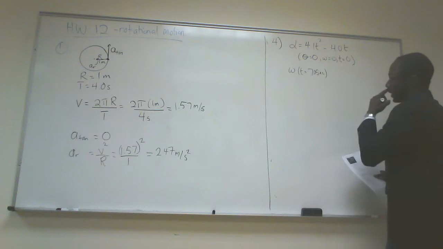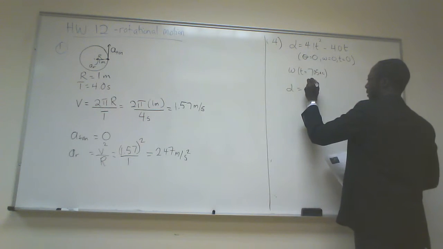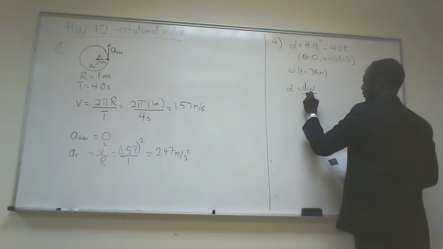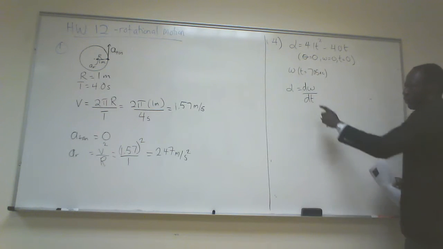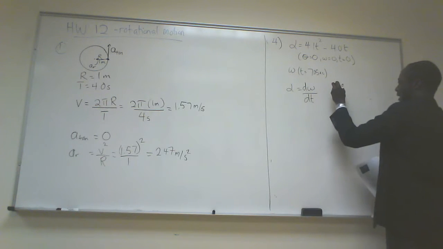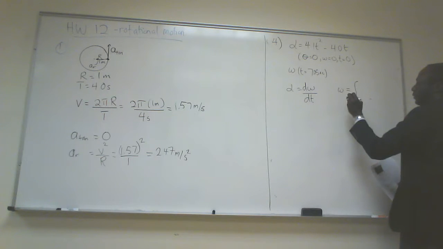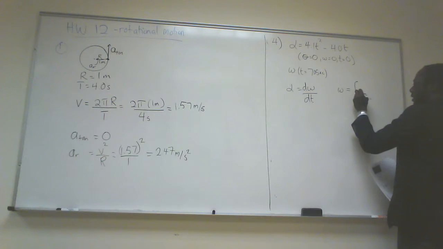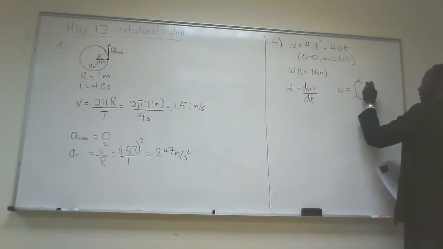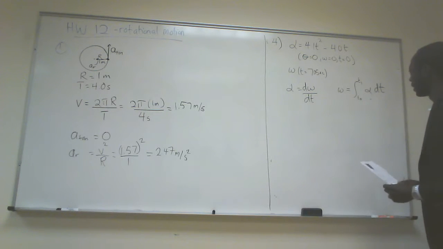All right, so we know that alpha is equal to d omega over dt. So if we want to find omega, we have to put the dt on the other side and integrate both sides. So omega will be equal to the integral from t0 to t1 of alpha with respect to time.